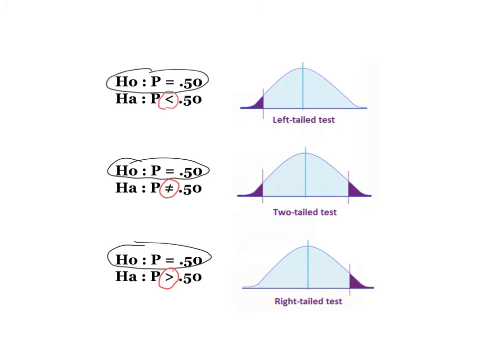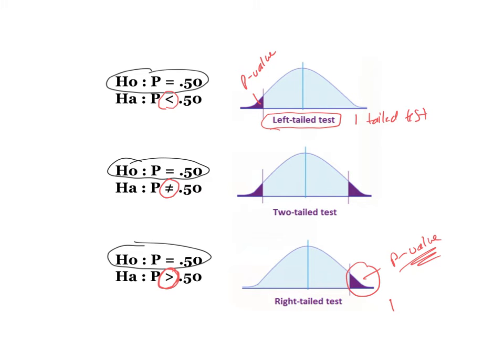And the interesting thing is, that symbol tells you where the p-value is going to be located. If it's less than 50, the p-value is going to be over here, okay? And we call that a left-tailed test. It's also called a one-tailed test because there's only p-value in one end of the picture. On the bottom one, when p is greater than 50%, the p-value is going to be on the right side.